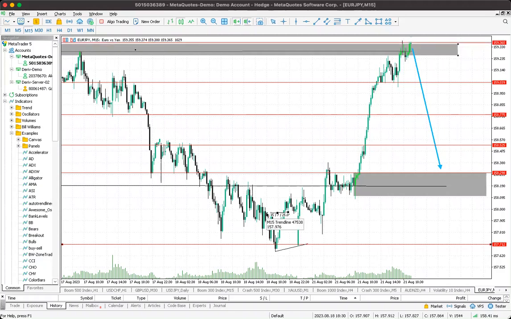And all these things are only useful inside the zones. So just find your zones, be a friend to your zone. Okay, I can call this CHoCH.